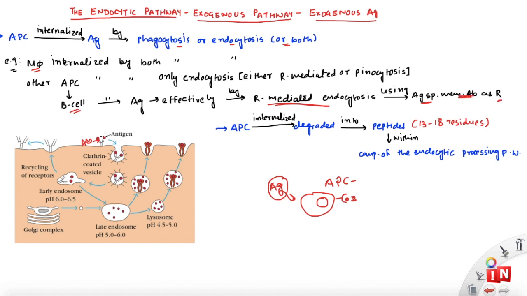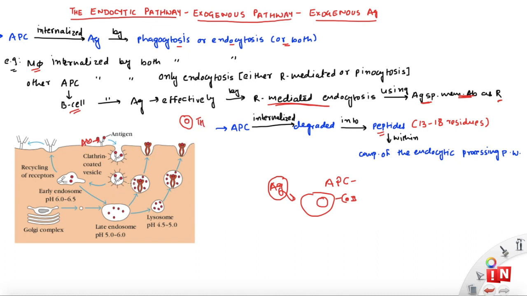So the antigen will bind to this antibody and it will be internalized, and this is what is called receptor mediated endocytosis. In whichever way the antigen has been taken up, it needs to degrade into peptides, because a fragment of that peptide will be displayed on the cell for the T cell. And here we are talking about the T helper cell because we are talking about MHC class 2.